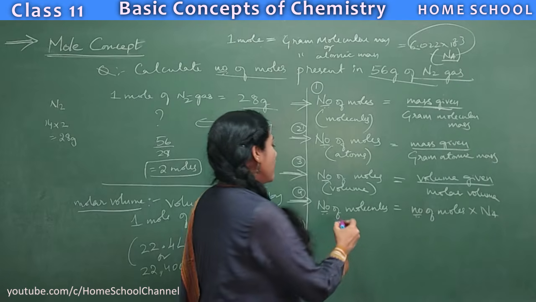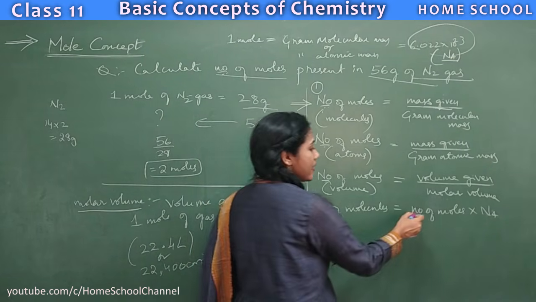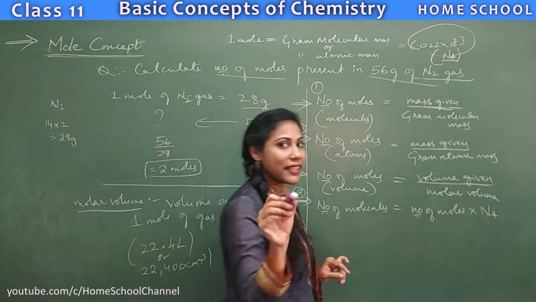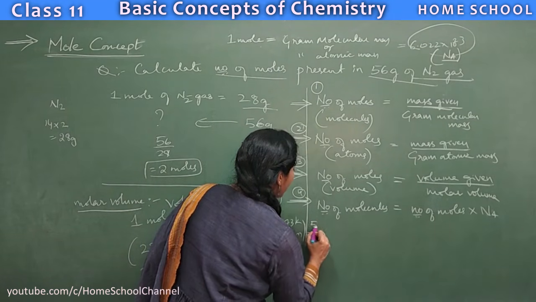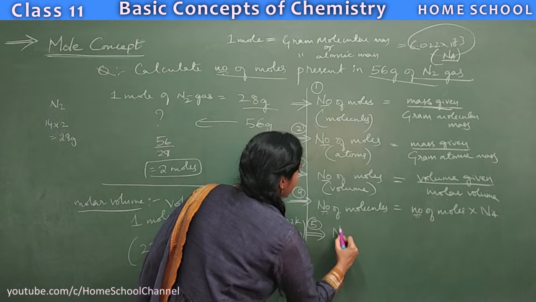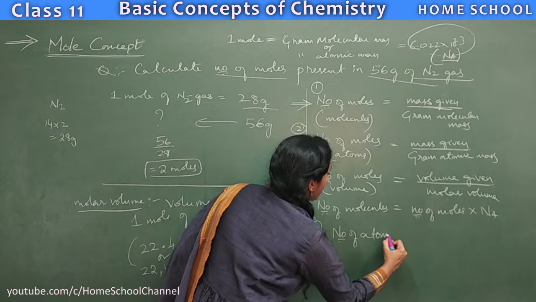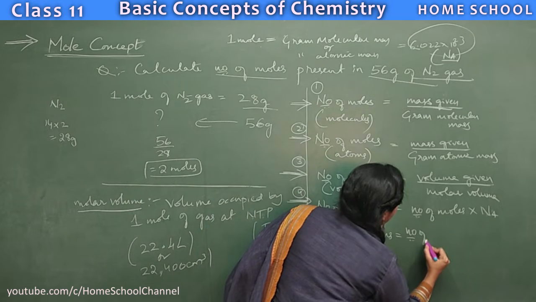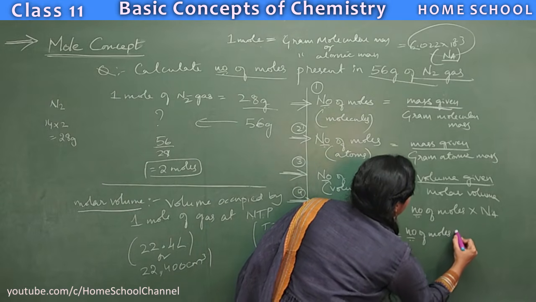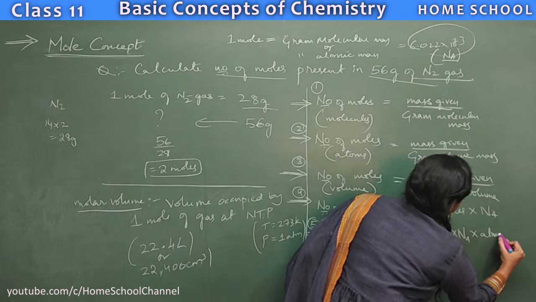So whenever you want to calculate number of molecules, the formula is number of moles into Avogadro number. Don't forget. And coming back to the 5th formula, the last formula, whenever you want to calculate number of atoms, then the formula is number of moles into Avogadro number into atomicity.